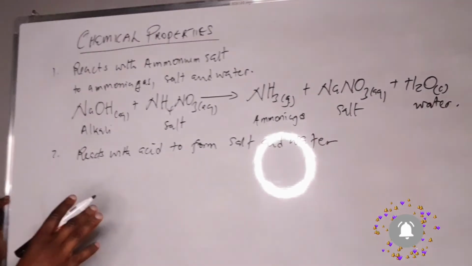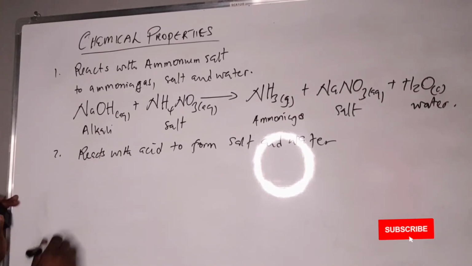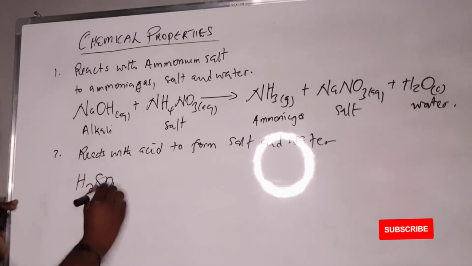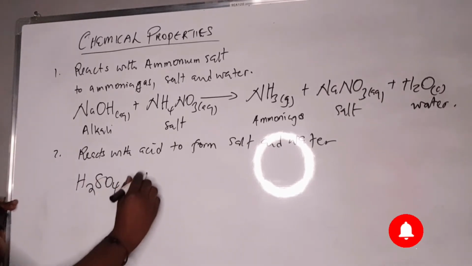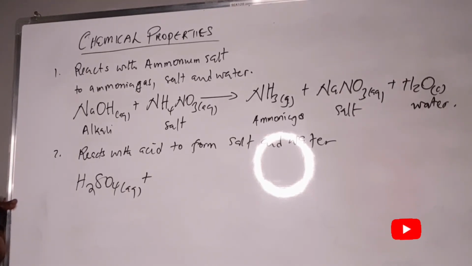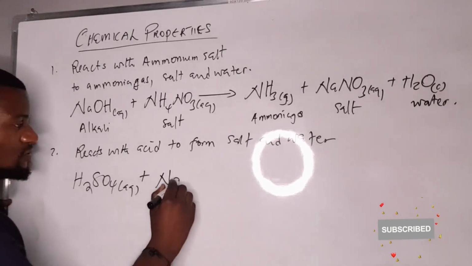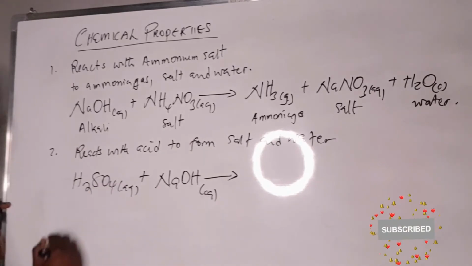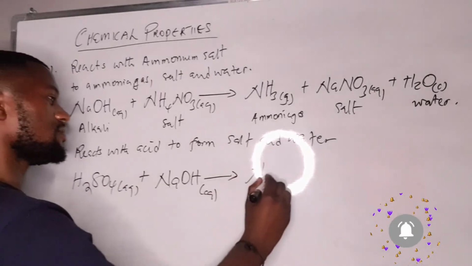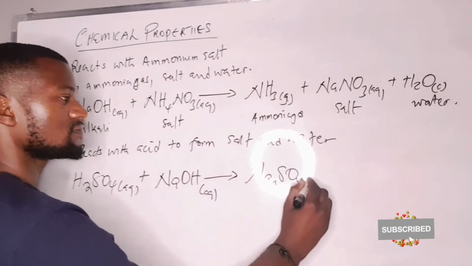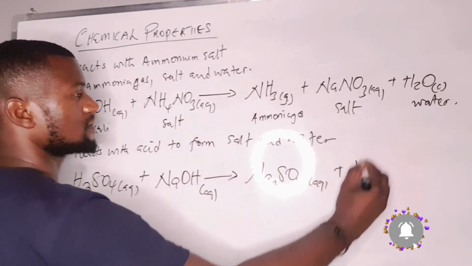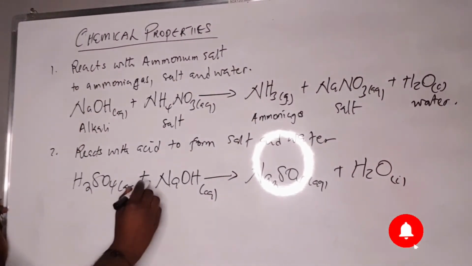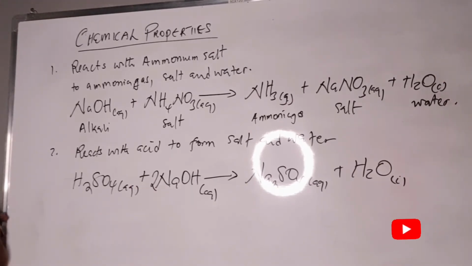So if we have sulfuric acid reacting with sodium hydroxide, we are going to have sodium sulfate and water.